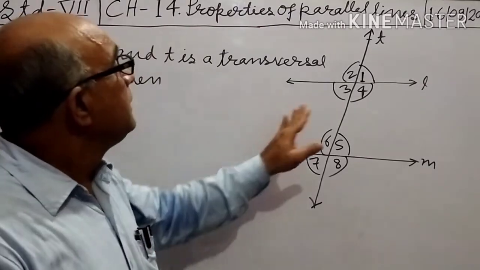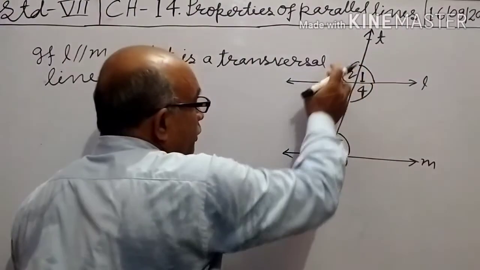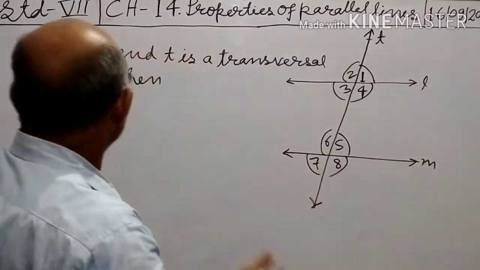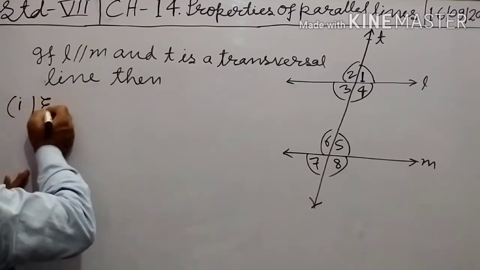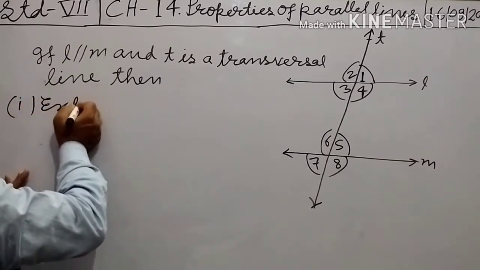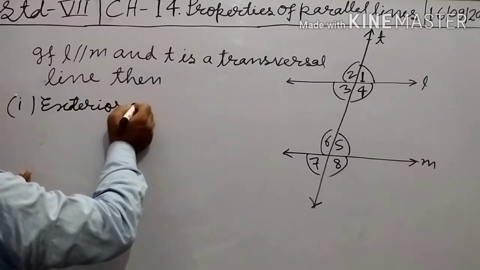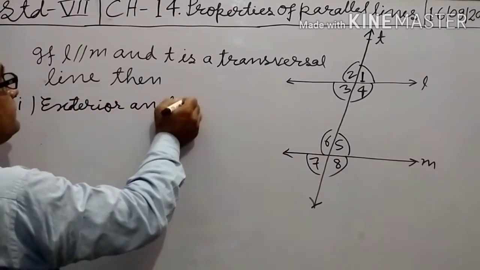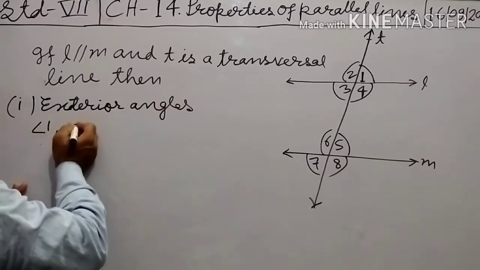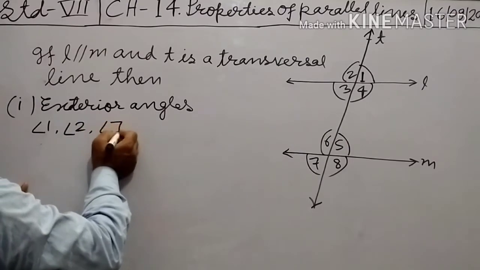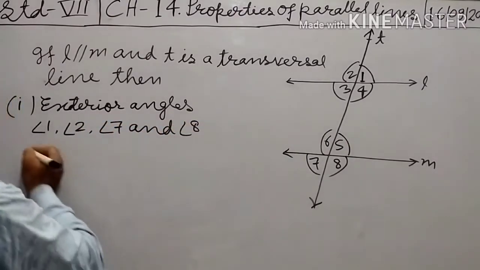First of all, exterior angles: angle 1, angle 2, angle 7 and angle 8.